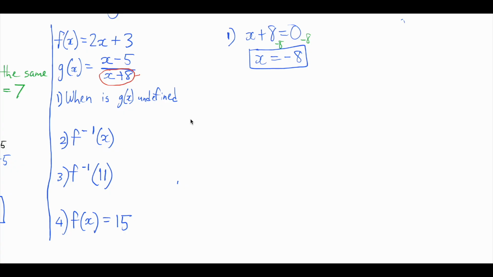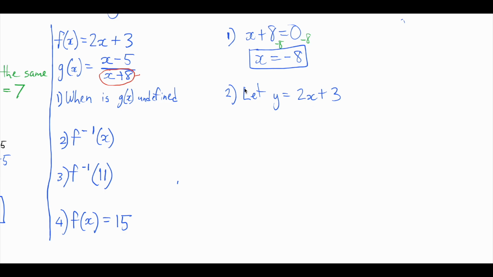Alright, so let's look at the next one. When is the inverse of f(x)? I mean, what is the inverse of f(x)? When we're doing the inverse of f(x), we have the function f of x right here. So we could say let y equal 2x plus 3.